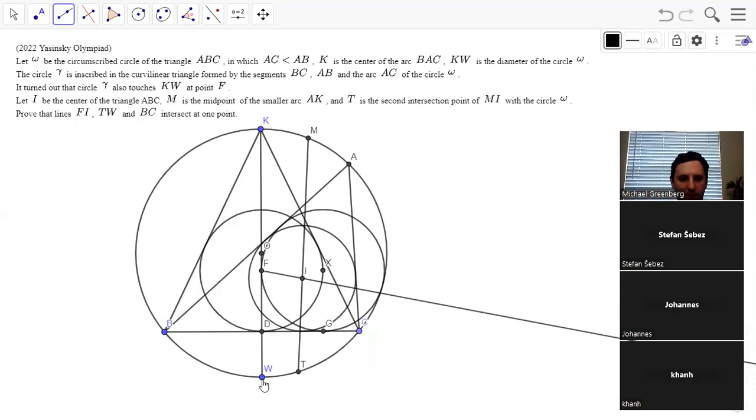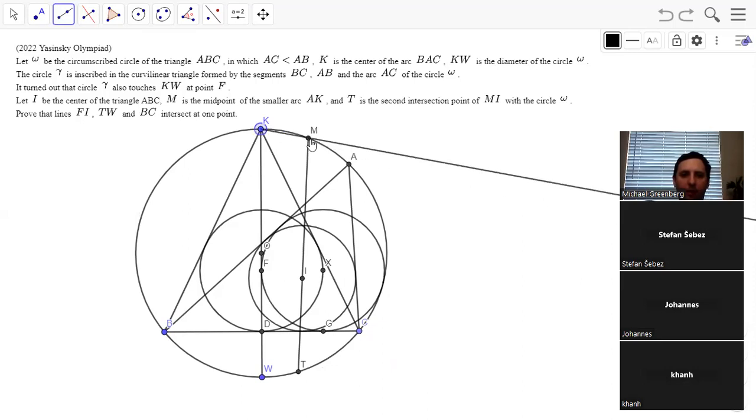So you have FI, TW, BC. So did we think earlier that KMIF was a parallelogram, or just that KM is parallel to IF?